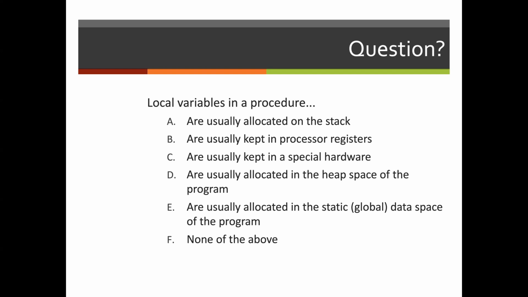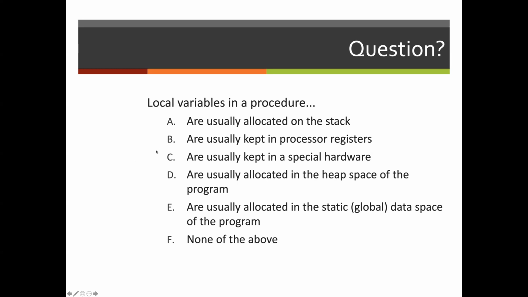Are they usually kept in processor registers? Are they usually kept in special hardware? Are they usually allocated in the heap space of the program? Or are they usually allocated in the static global data space of the program? Or none of the above?